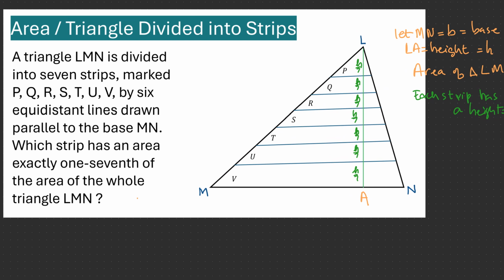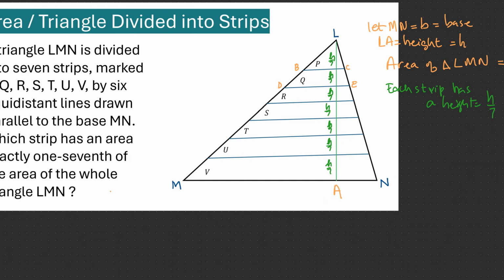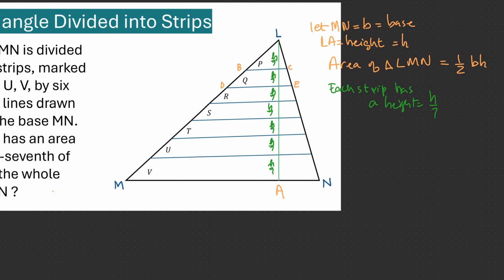If I call this BC and DE, then we will see how this follows. Triangle LBC is similar to triangle LMN, because they being parallel, these angles would be equal, and angle L is common.